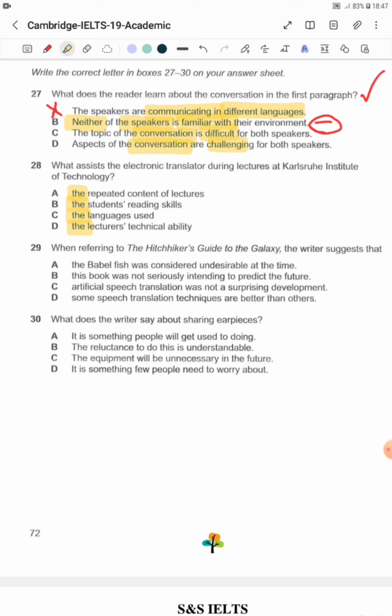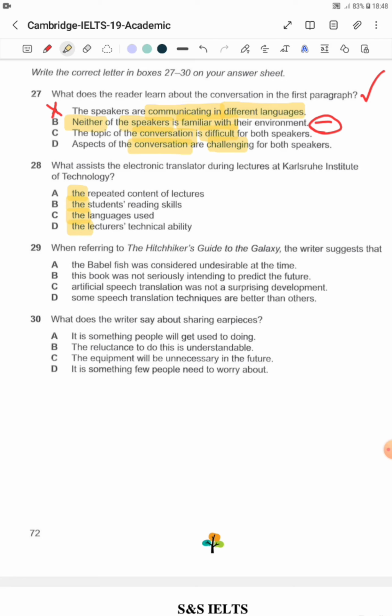Repeated content of lectures. I have told you that differences are nouns. So what I'm looking for is content of the lectures and repeated.